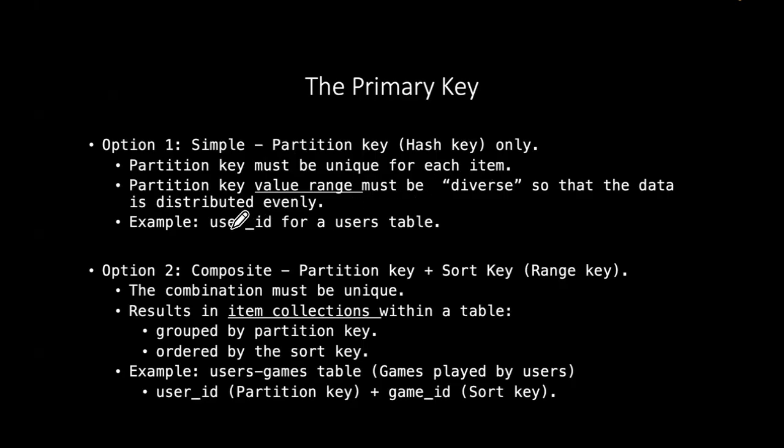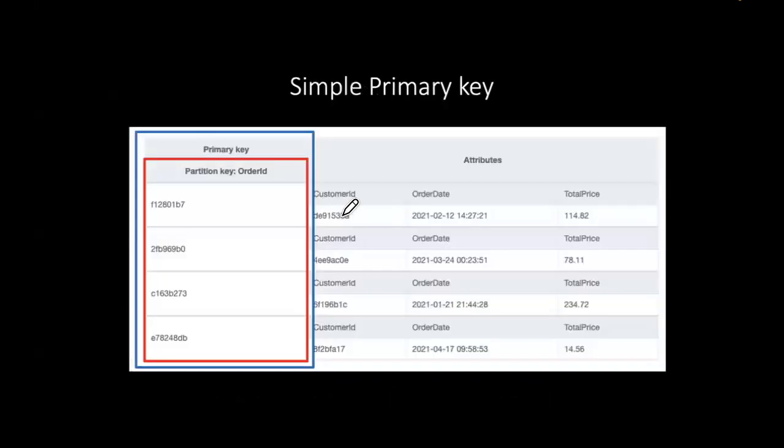Here's a simple example. If I've got a table of users, then the user ID would be a candidate for the primary key for that table. If I just flick forward, this is your classic example of a DynamoDB table holding customer orders. It's fairly standard, admittedly.